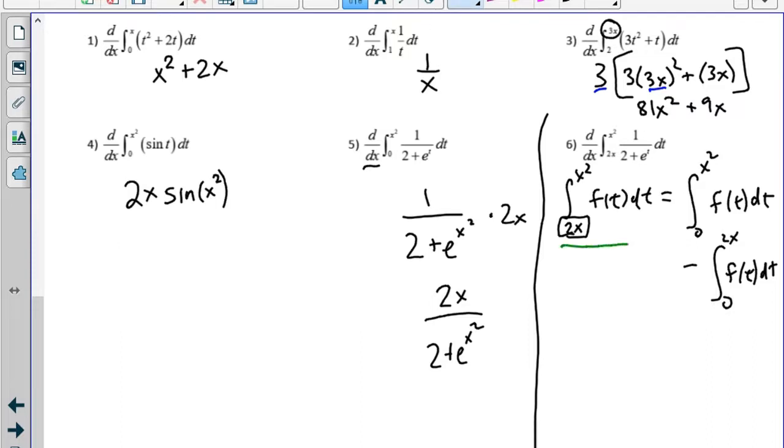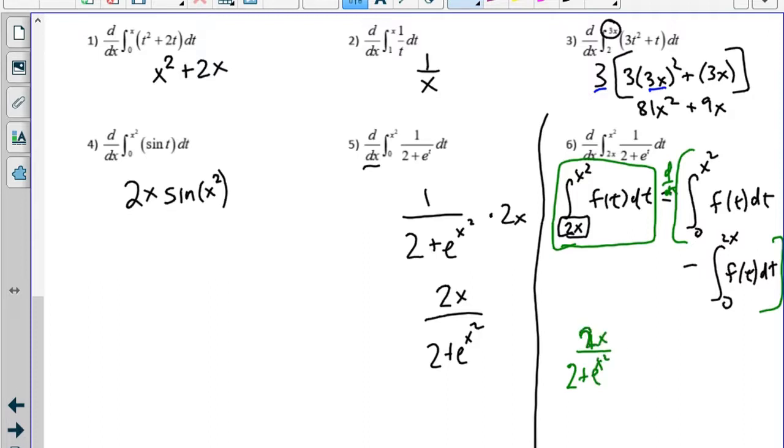So then what I end up with in this case, in order to solve this problem, I find these 2 functions. So I do the integral from 0 to x squared of f of t dt minus the integral from 0 to 2x. And recall that I'm doing all of this and taking the derivative at the end. So I use the fundamental theorem of calculus. I get 1 over 2 plus e to the x squared times 2x.